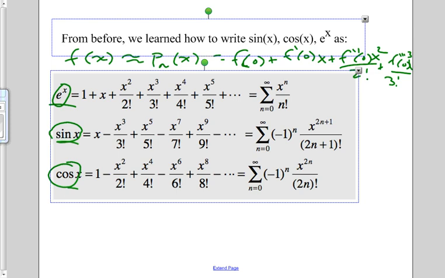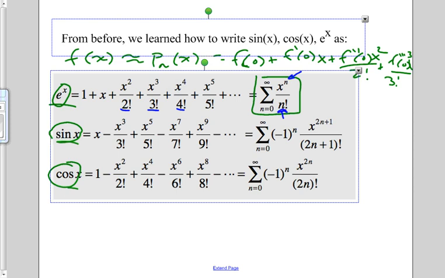And what I've done over on the right is summarize that in my sigma notation. So e to the x is simple. We're just increasing the x powers by 1. So that's why we just have x to the n. And then I've got 2 factorial, 3 factorial, 4 factorial. So we're just going up by n factorials.